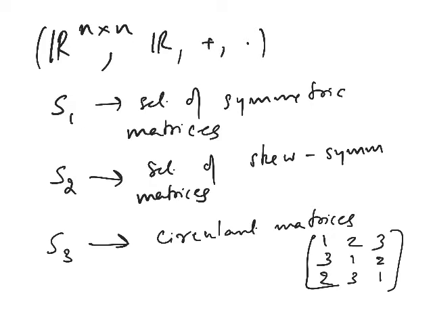I need the dimension for all the cases of n cross n, if it is a subspace. So please do it. All of you, please do it and post the answers here. I'll give probably 5 minutes for finishing all the 3.